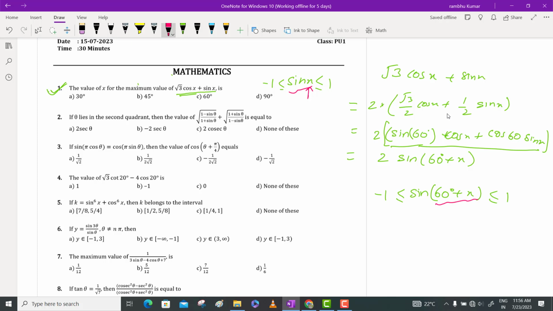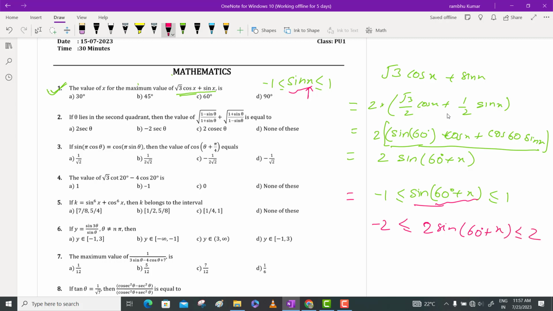Now if this lies in between, by multiplying with 2 to this particular inequality, we can say we will have minus 2 less than equal to 2 sin 60 plus x less than equal to 2.